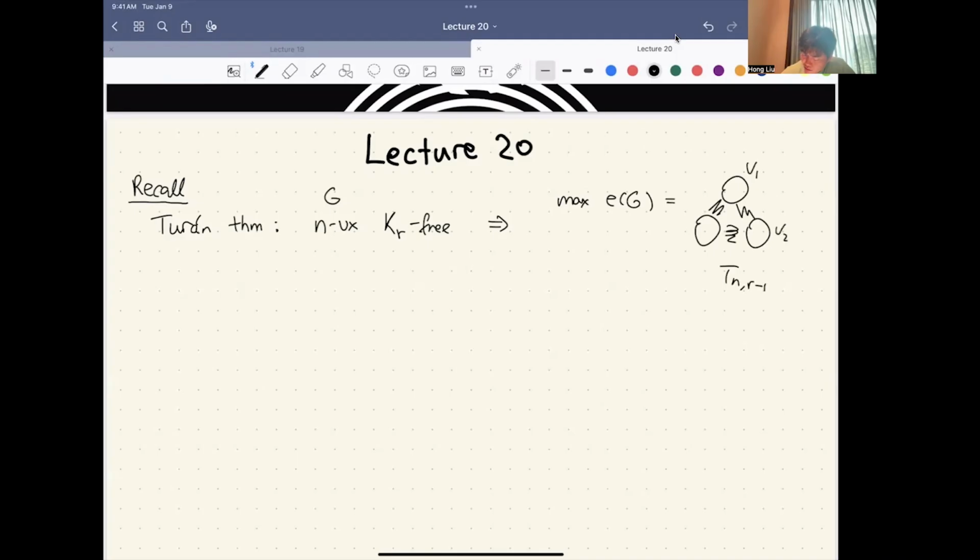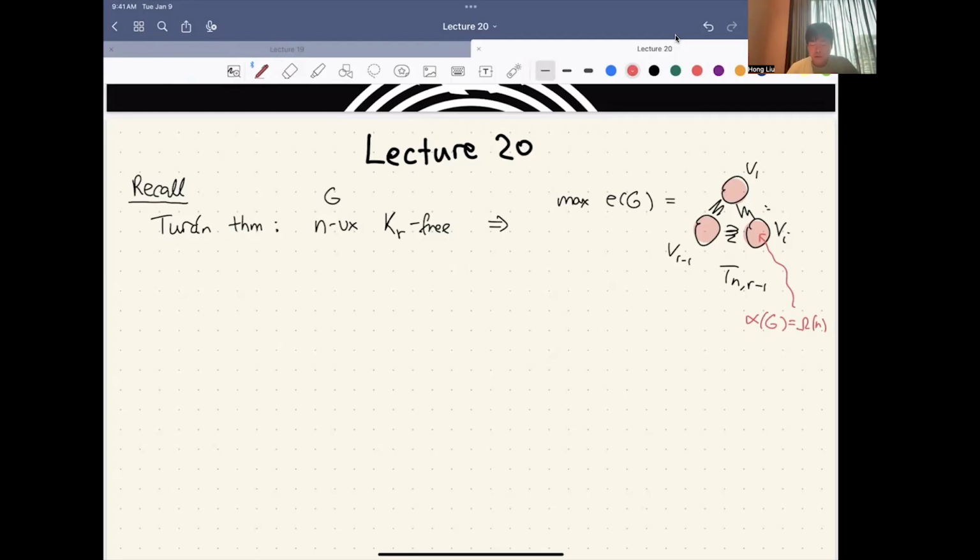You partition the vertices into equal parts, r minus 1 parts. In particular, there are huge holes inside this graph. There are linear size independent sets. So you have alpha of G is linear in n, a large hole.